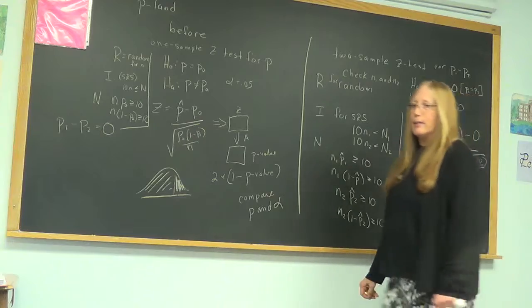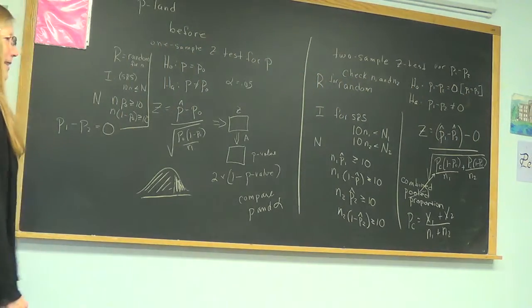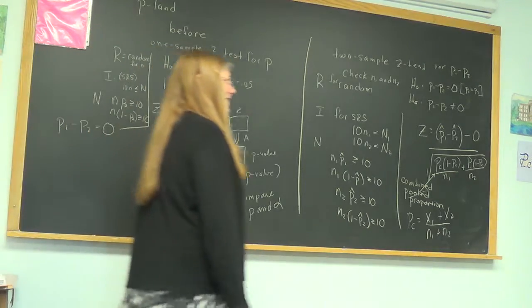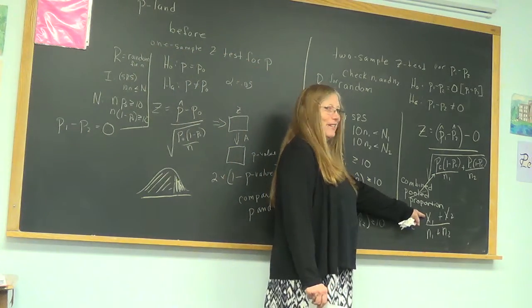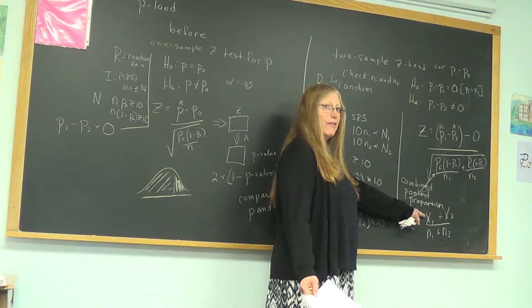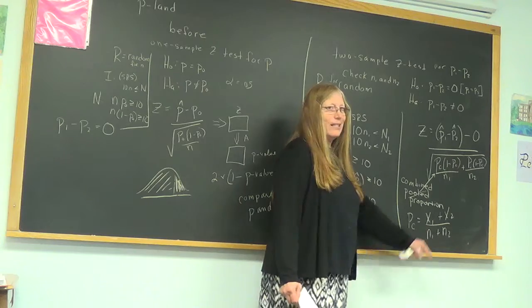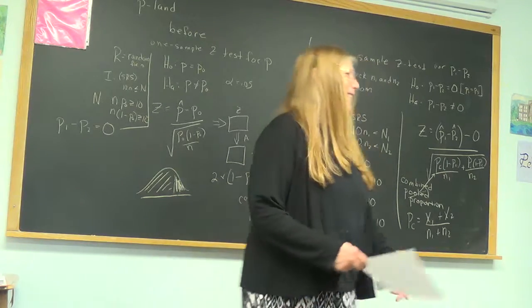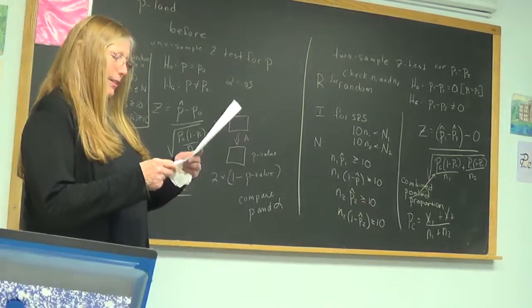That number is P sub C. So it's not the number of people in the sample, it's the number of people who agreed with it or liked the survey. It's the total number of successes from both divided by the total number. So it's the same x that we put in our calculator. Yes, it is. All right, so that is the model.